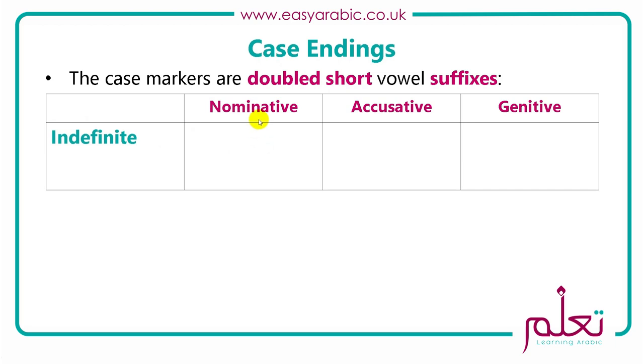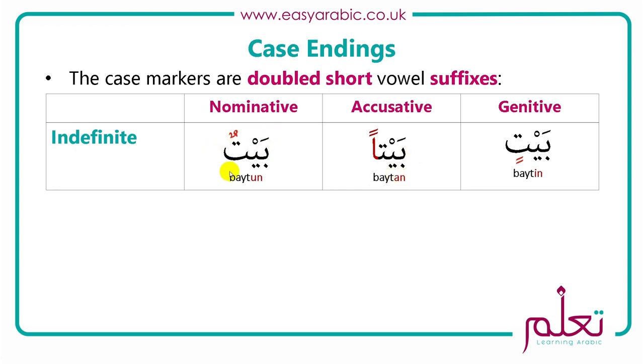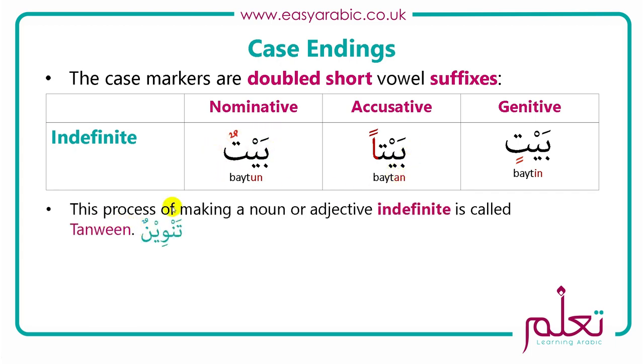So if we look at this, the nominative, accusative, and genitive, and when they're indefinite, what happens is this would be applied. So here it's baytin, and the alif and the fathatain, the two fathas, is baytan and baytun. Okay, and this process of making a noun or adjective indefinite is called tanween.